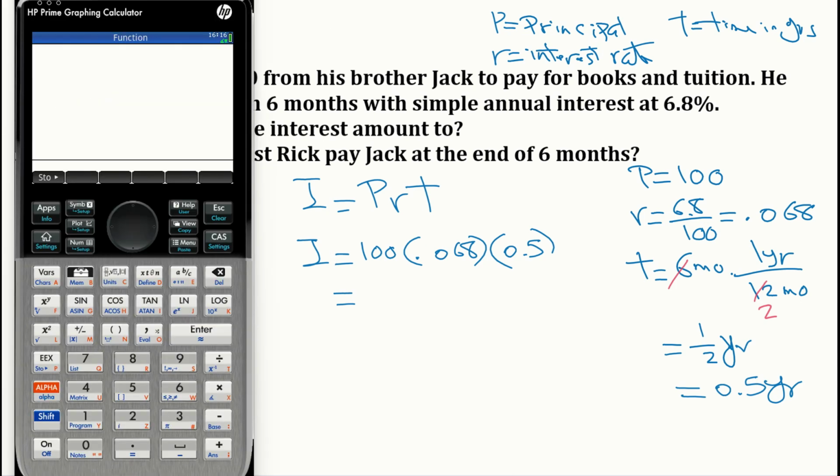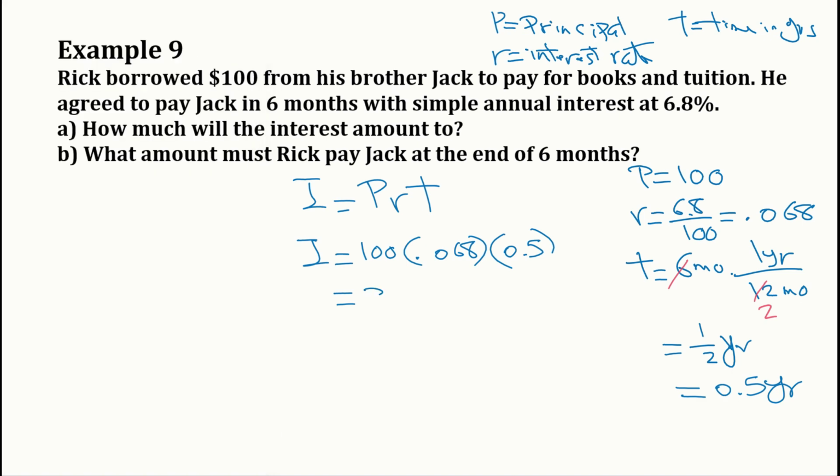So 100 times 0.068 times 0.5, so we get 3.4. So basically the interest that Rick is going to have to pay is $3.4, right?